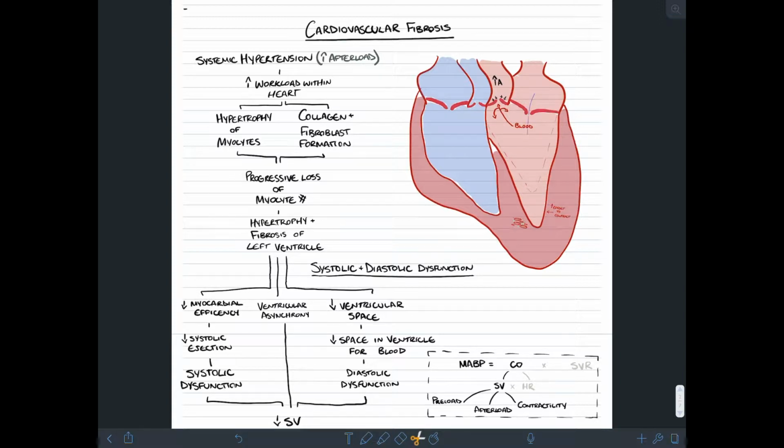So that blood that would have been going right here, being sent here, is no longer able to enter the ventricle. So because of that, we lose diastolic function, and diastolic dysfunction occurs.